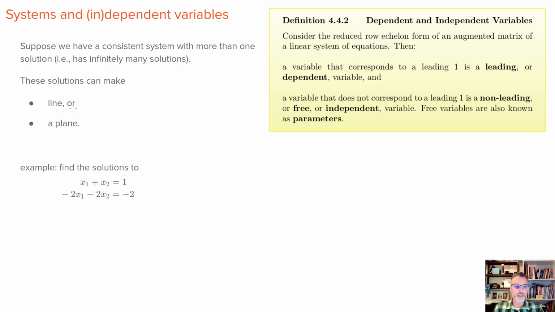For example, in two-dimensional space, I could have my 2 linear equations, represented by these 2 lines, overlapping. So all solutions are points on these lines, which are the same line. So there's infinitely many solutions, and the geometry of them is that they form a line.